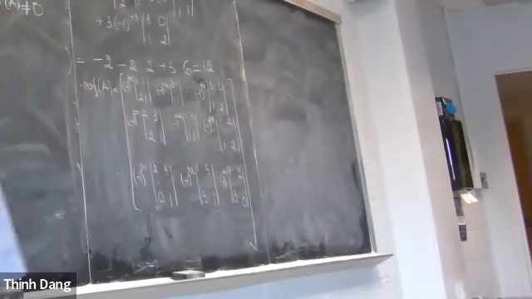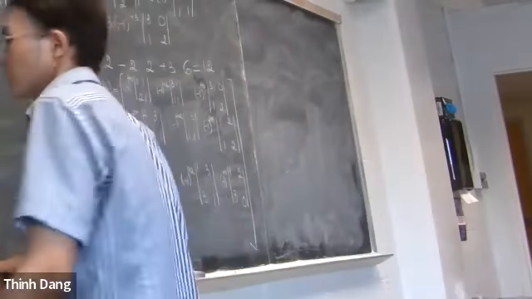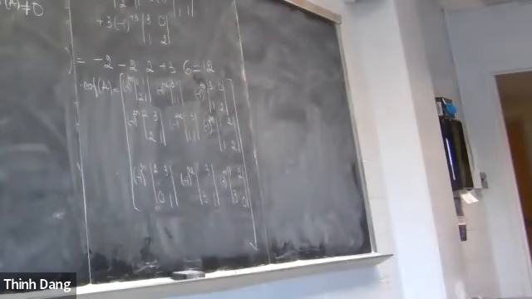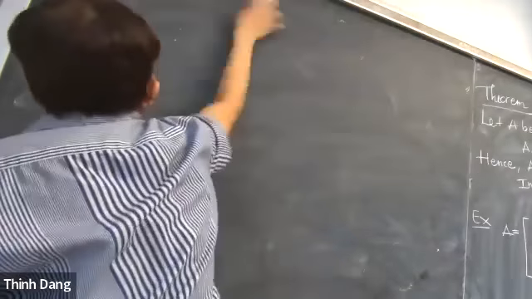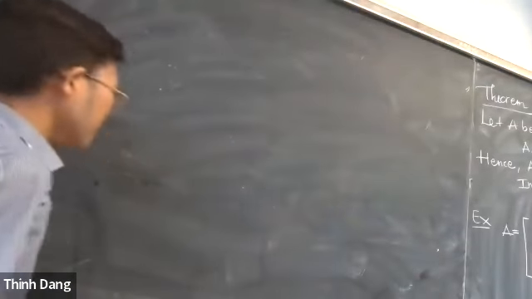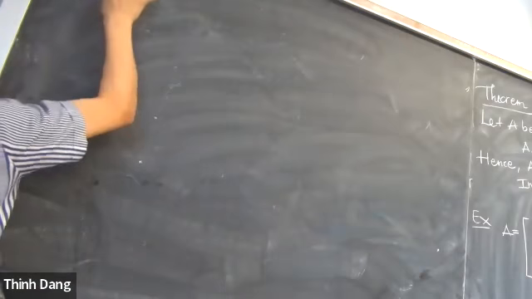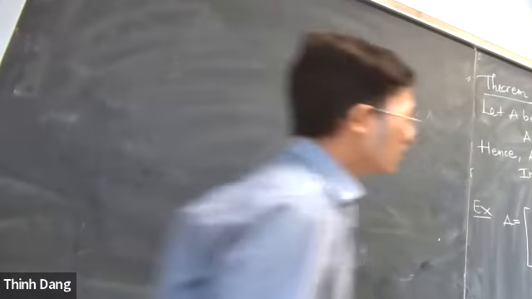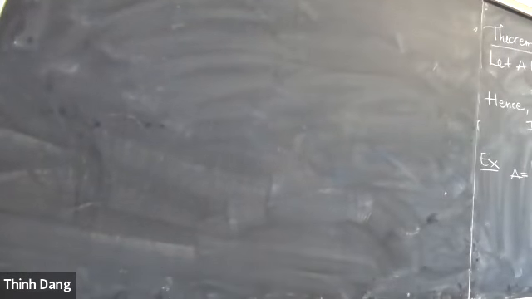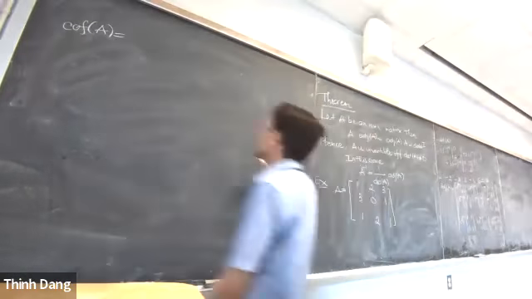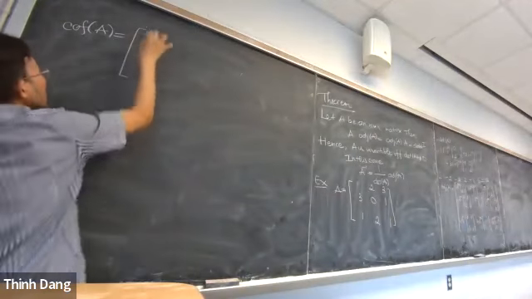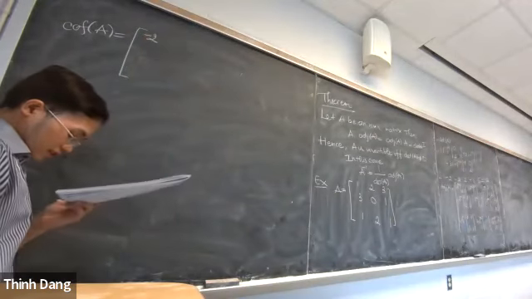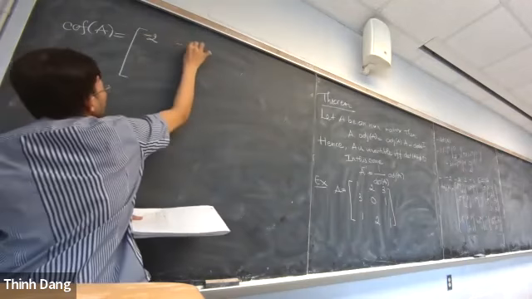Let's continue here. The cofactor of A should be, this is negative 2. I have calculated this, so I'm just going to give you the results.